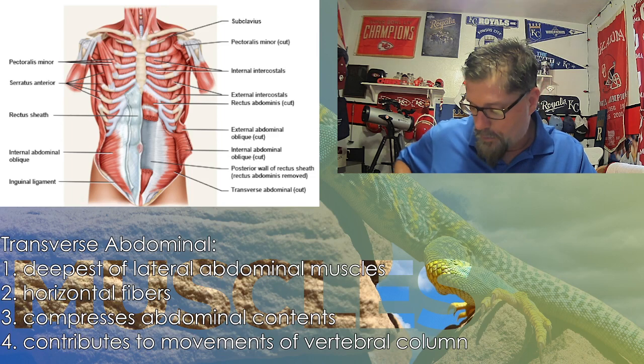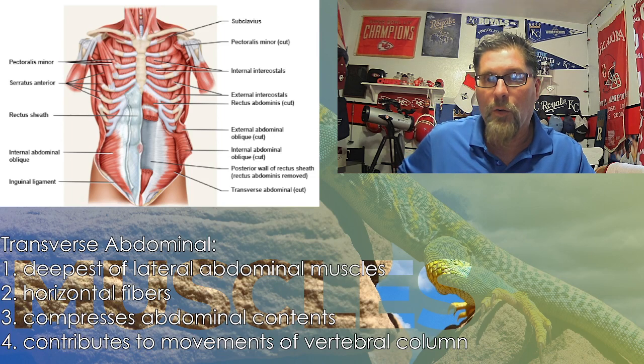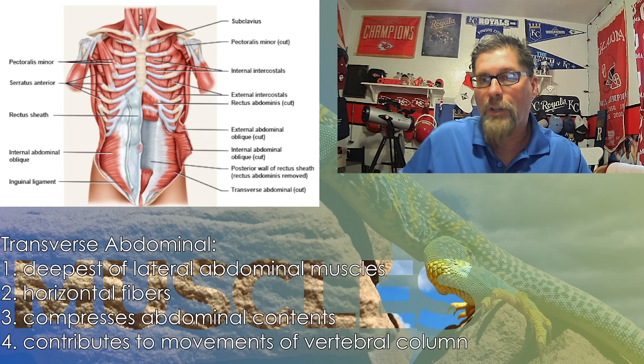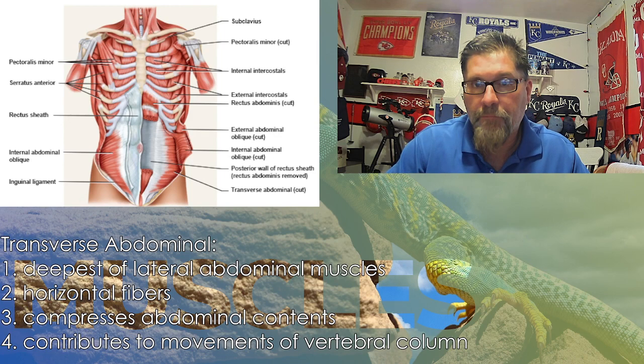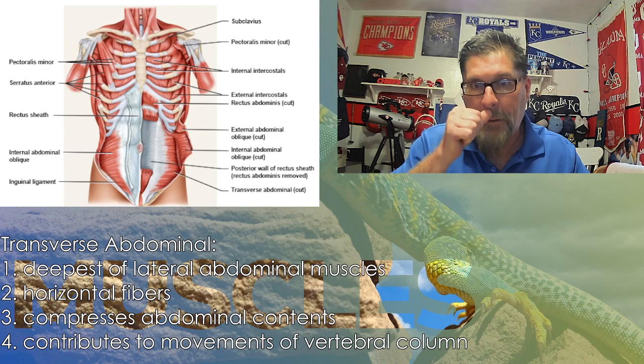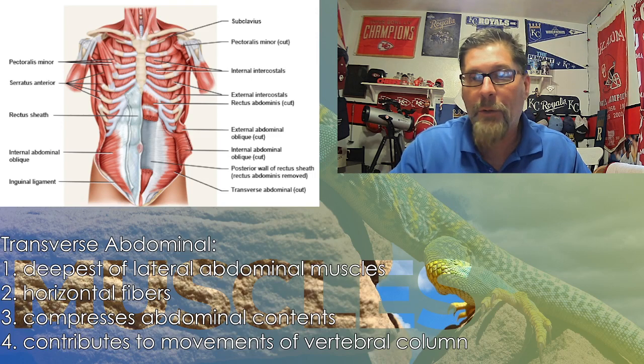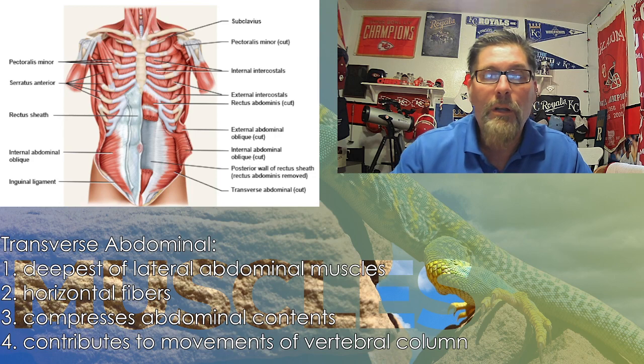If you were looking at it on your own, the internal and external are more up the front, and the transverse is more on the side. It's the deepest one, but we're going to see one more that's lower in the abdomen area, and it helps with the movement, as you can see there.